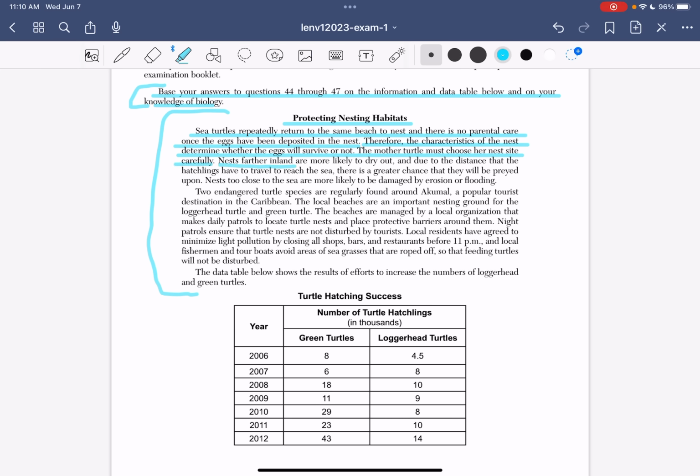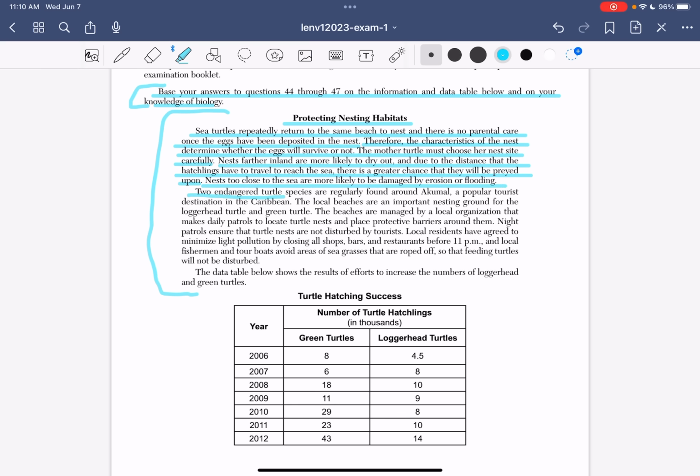Nests farther inland are more likely to dry out, and due to the distance that the hatchlings have to travel to reach the sea, there's a greater chance that they will be preyed upon. Preyed meaning that there's going to be another animal that eats them. Nests too close to the sea are more likely to be damaged by erosion or flooding.